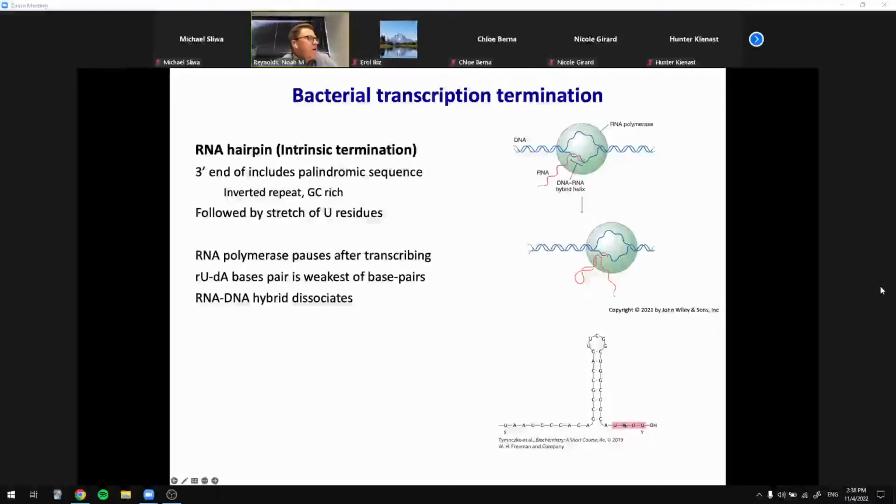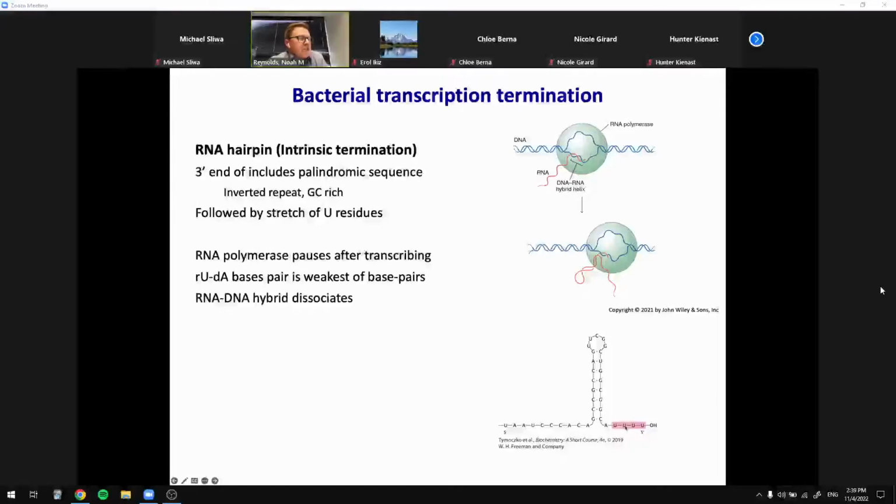And so with the poly-U sequence, what happens is the polymerase is going to form that hybrid DNA-RNA helix. And the UA base pairing, the ribonucleotide U and then the deoxy A together, that base pairing is one of the weakest ones.